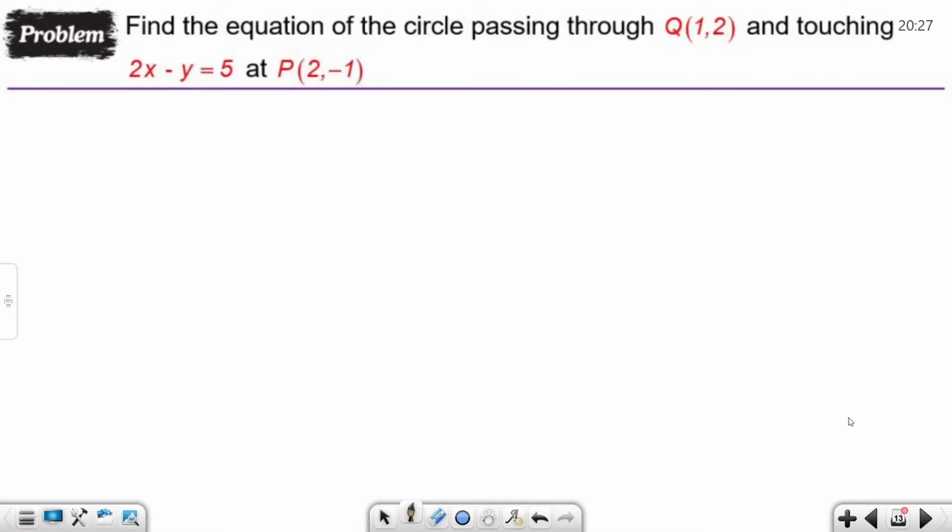The question is, find the equation of the circle passing through this point and touching this line at this point. Okay, that is, at this point, the given line is a tangent. So you have to find the equation of the circle which is passing through the point. Let me draw the circle first.